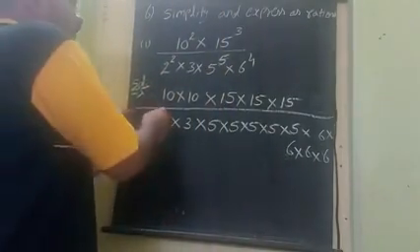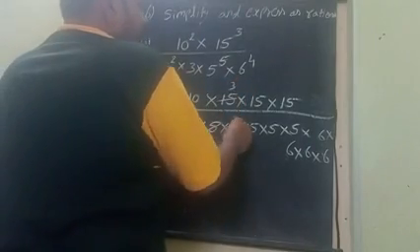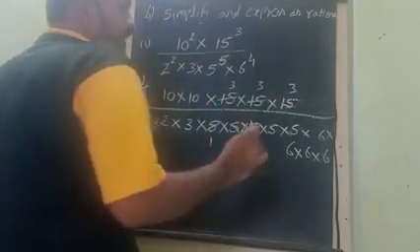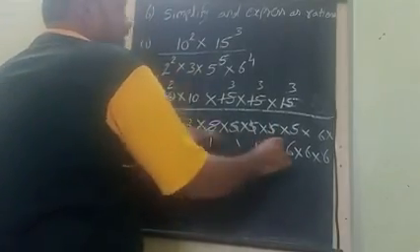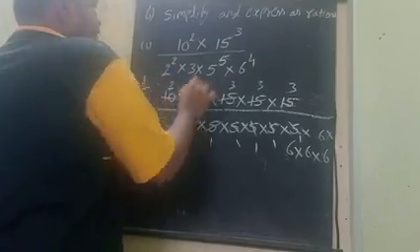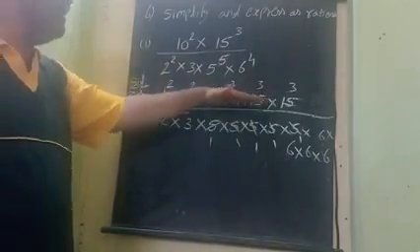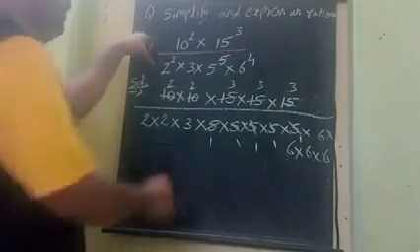Now cancellation. Using the 5 table: 5 ones are 5, 5 threes are 15, and 5 twos are 10. I cancel 5 with 15 and 5 with 10. Afterwards, cancellation of 2 and 2.